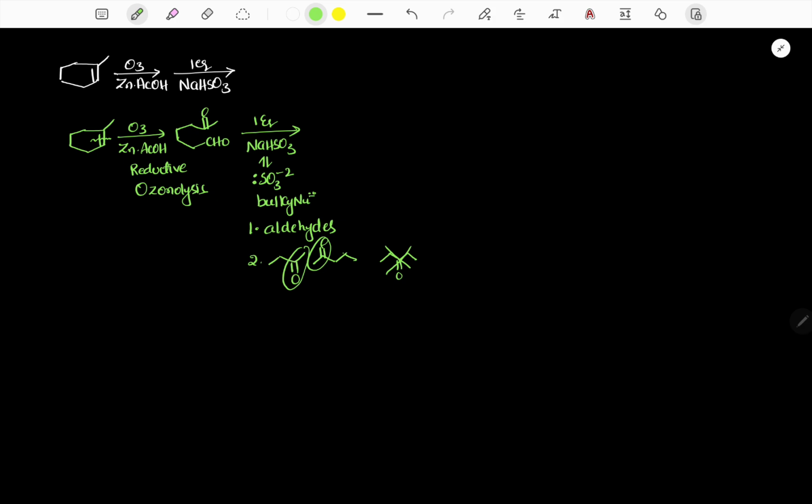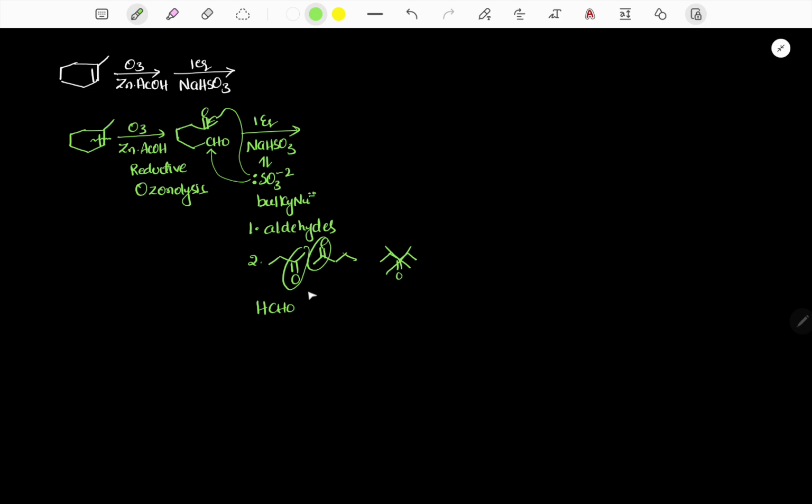Suppose in this question sulfur can attack the aldehyde, and sulfur also can attack the methyl ketone. But here only one equivalent of sodium bisulfite is given, and SO3 2 minus is the nucleophile. Therefore, here we have to compare the rate of nucleophilic addition.